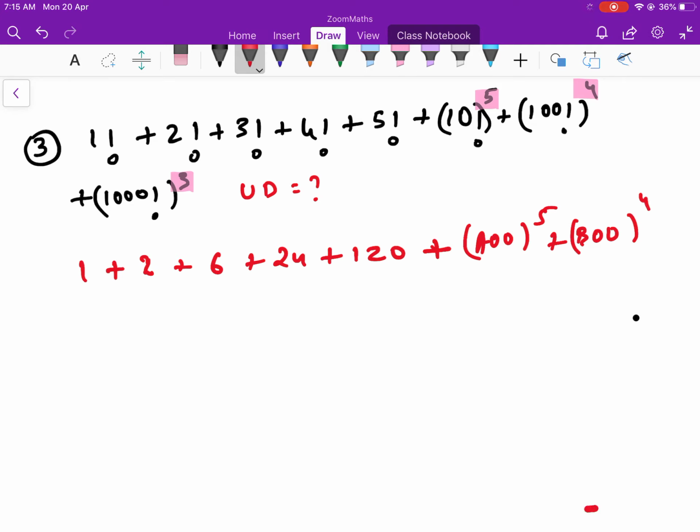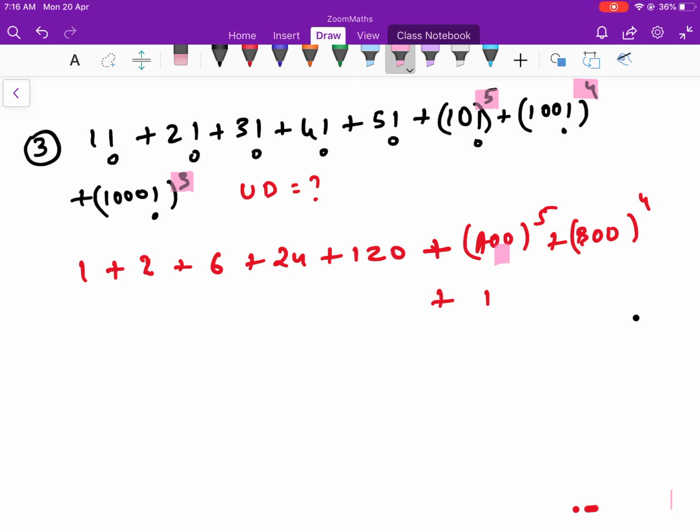And then the last one, 1000 factorial, can have more than that also. 100 factorial will have a lot of zeros. I'm just telling you the minimum number of zeros. 10 factorial will have at least 2 zeros. 100 factorial will have at least 4 zeros, but will have more than that. It's close to 24 zeros in 100 factorial.